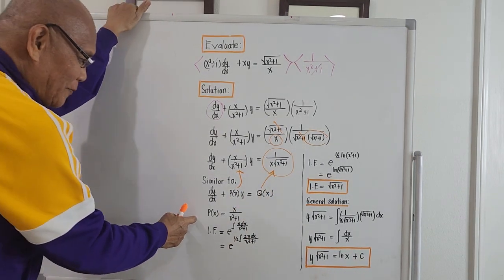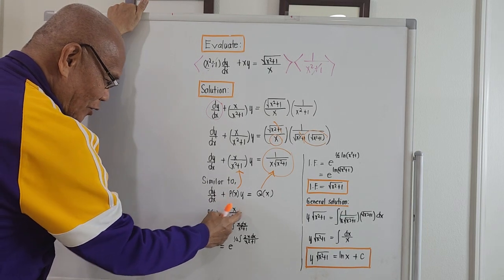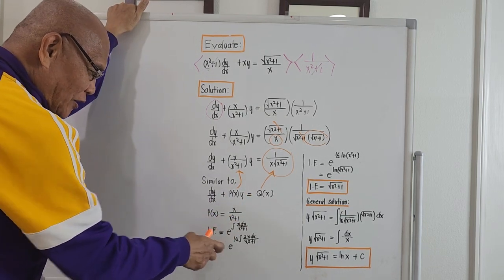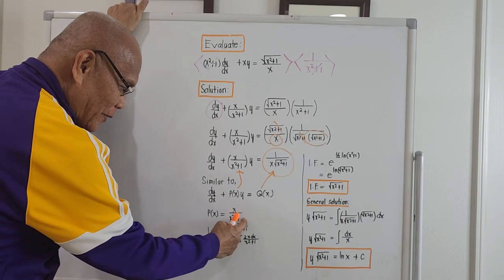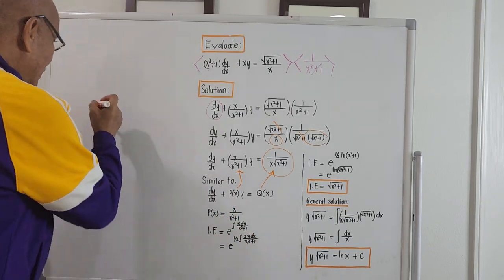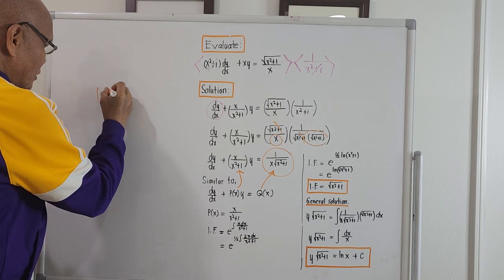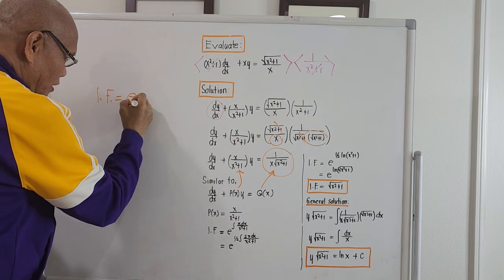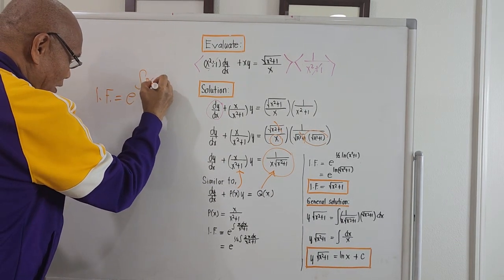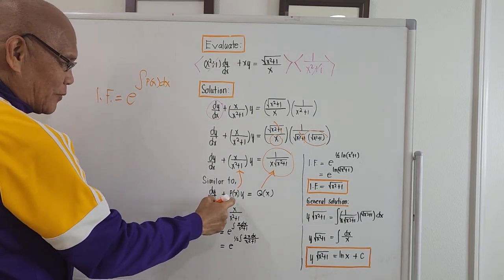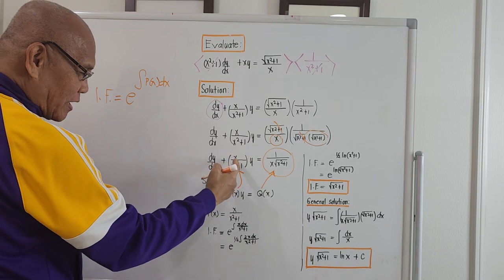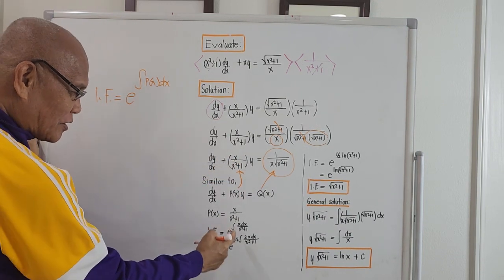So p of x will be the ratio x over x squared plus 1, and the integrating factor for case number 1 is e raised to the integral of p of x dx. P of x is actually the ratio x over x squared plus 1.